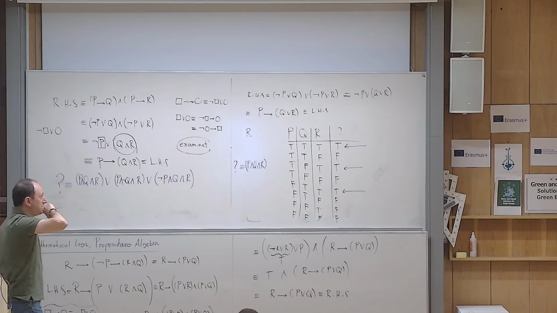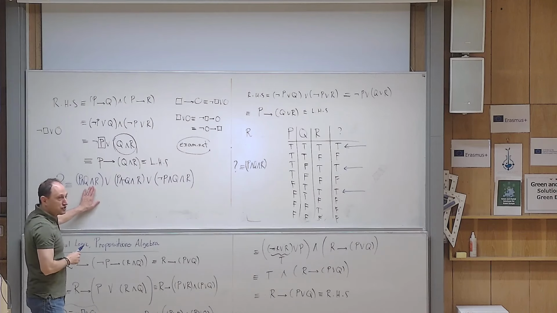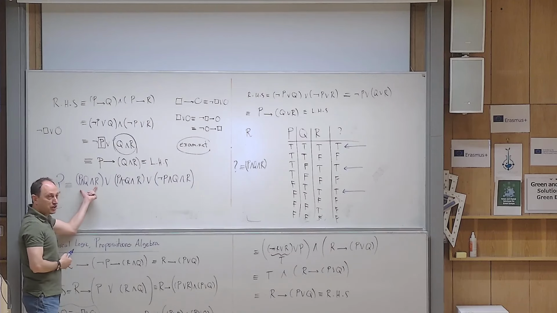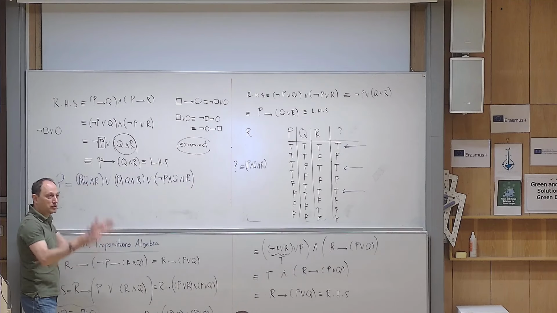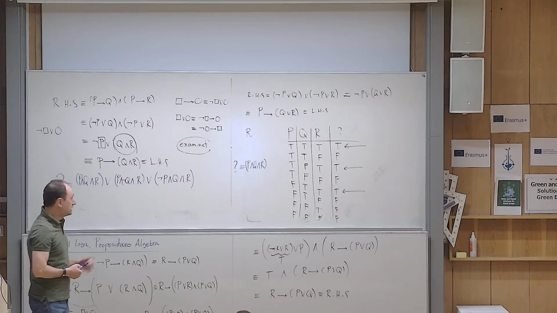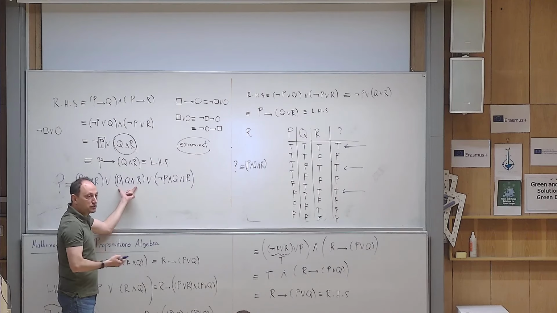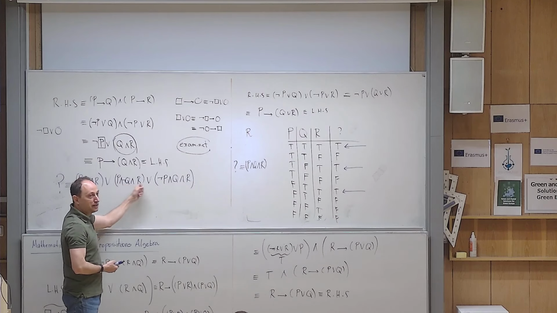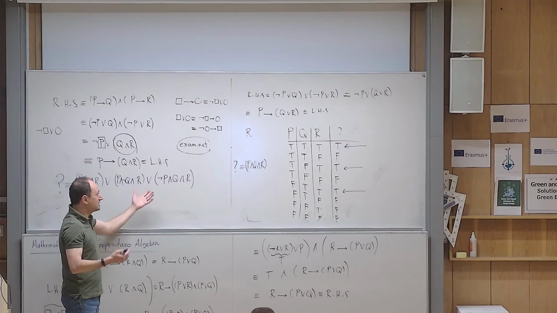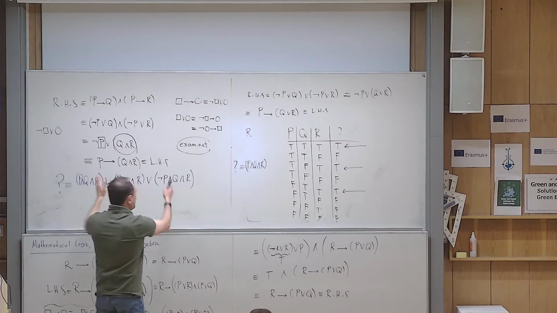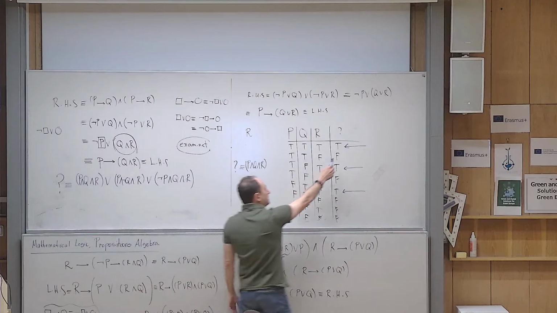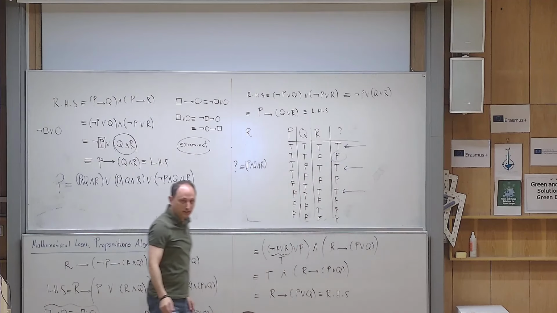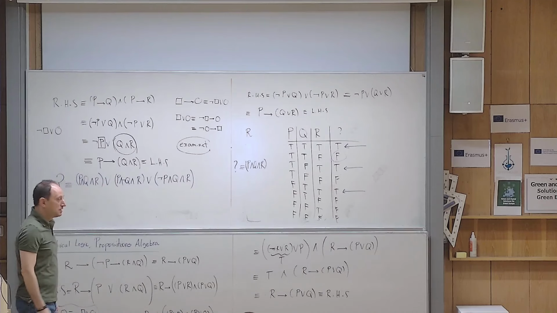When I have TTF, this conjunction cannot be true, because this conjunction is true if and only if P, Q, and R are simultaneously true. So that's exactly why I want you to feel that this will definitely generate this F correctly. Yes? Is that understandable? So this is the algorithm.